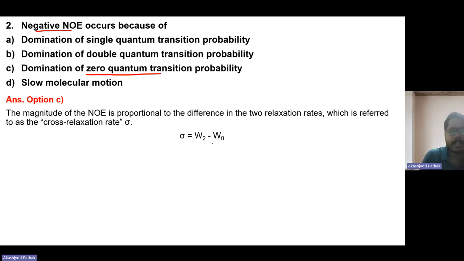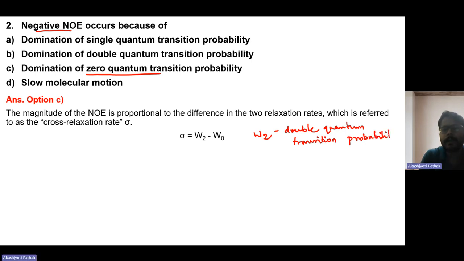W2, also sometimes called omega 2, is known as the double quantum transition probability. And W0 is the zero quantum transition probability.